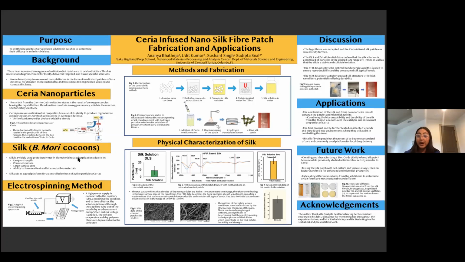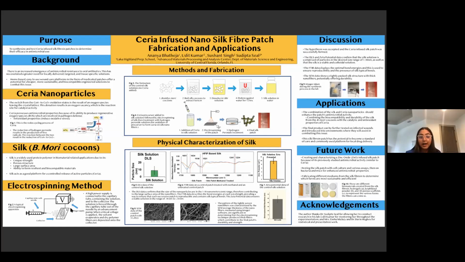To actually combine these two, we use the electrospinning method, which is a pretty novel and pretty rare method. As you can see in this diagram on the bottom left, this is the typical electrospinning apparatus that I used. On the left, you see the capillary tube with the needle, and that is where the silk solution is going to be inserted.